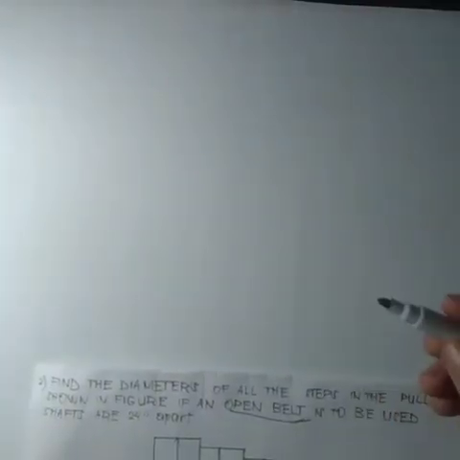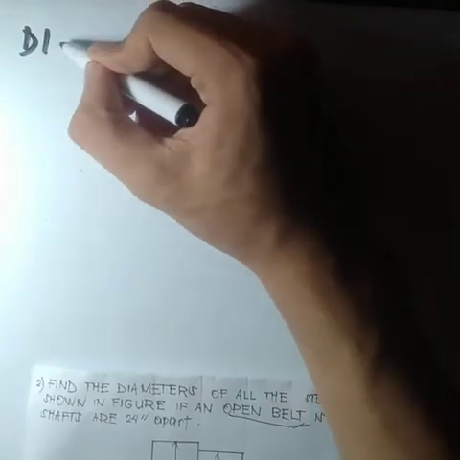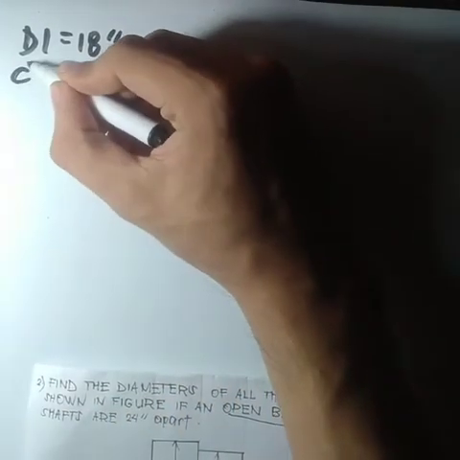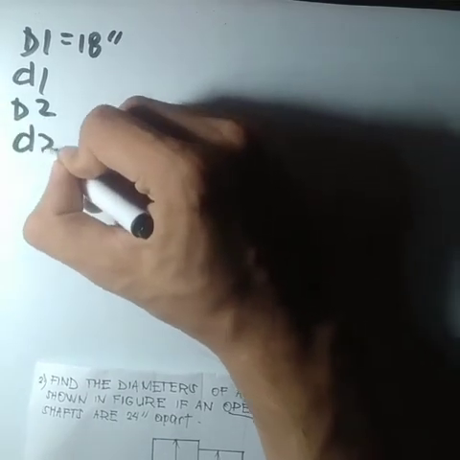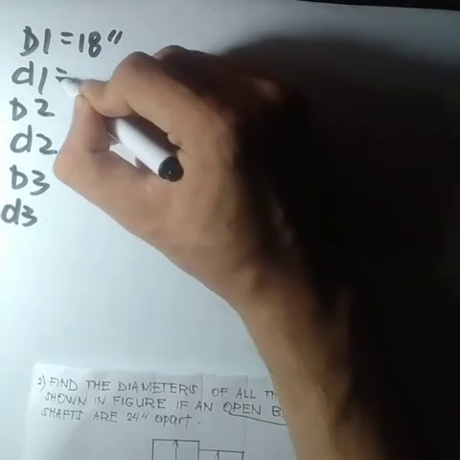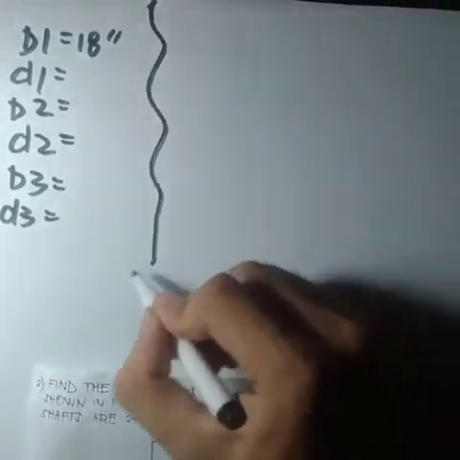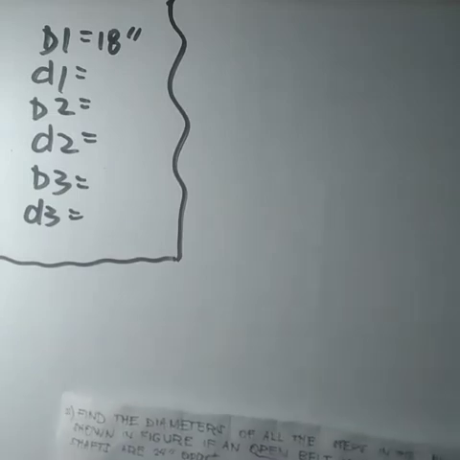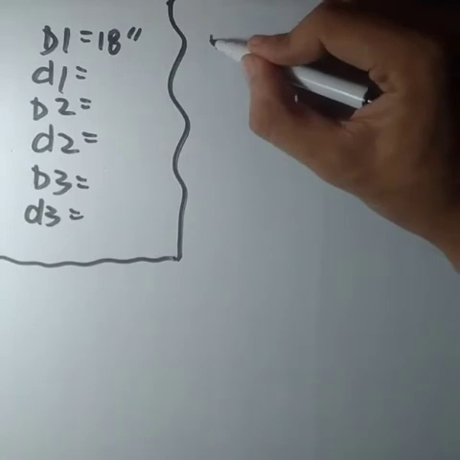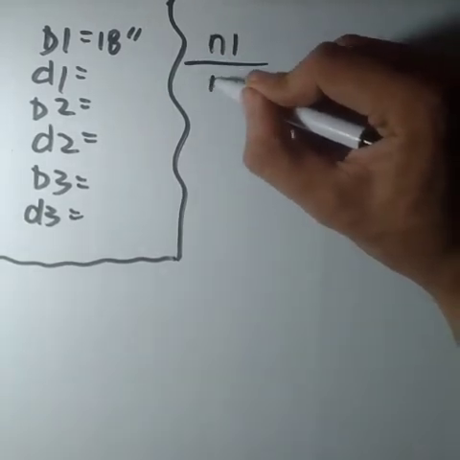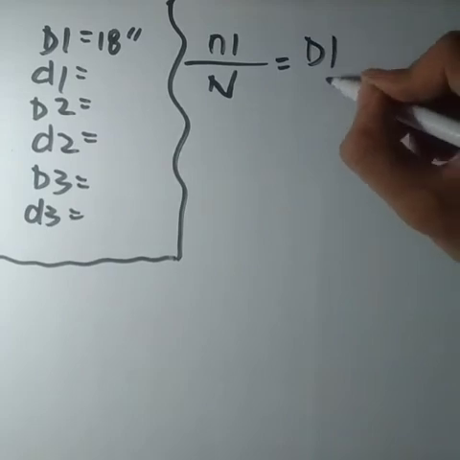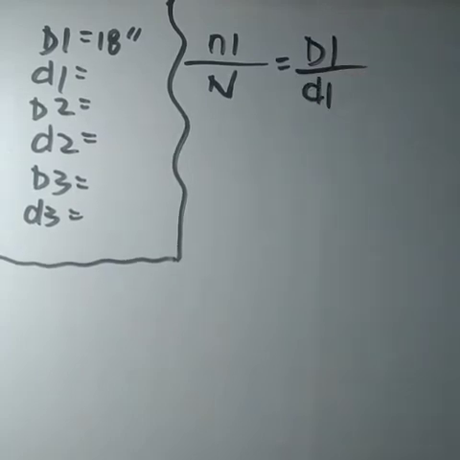So, without further ado, lista na natin ang given, ganun din ang hinahanap. So, ang given natin ay D1 of the driver, we have 18 inches. But we have missing diameters which is D1 of the driven as well as D2 and D3. So, para makuha yung mga values na yan, we will use the formula na ginamit natin kanina, which is N1 of the driven shaft over the speed of the constant from the driver shaft is equivalent to the driver 1 over driven 1's diameter.